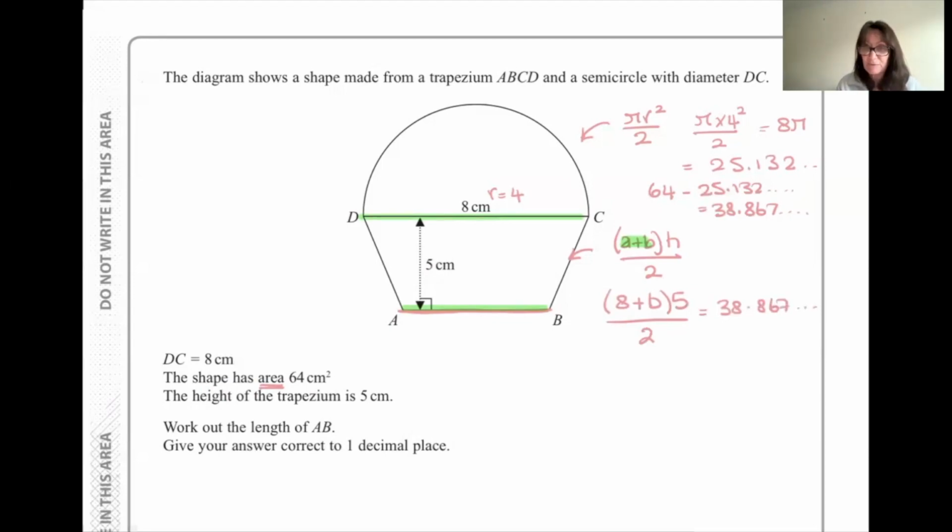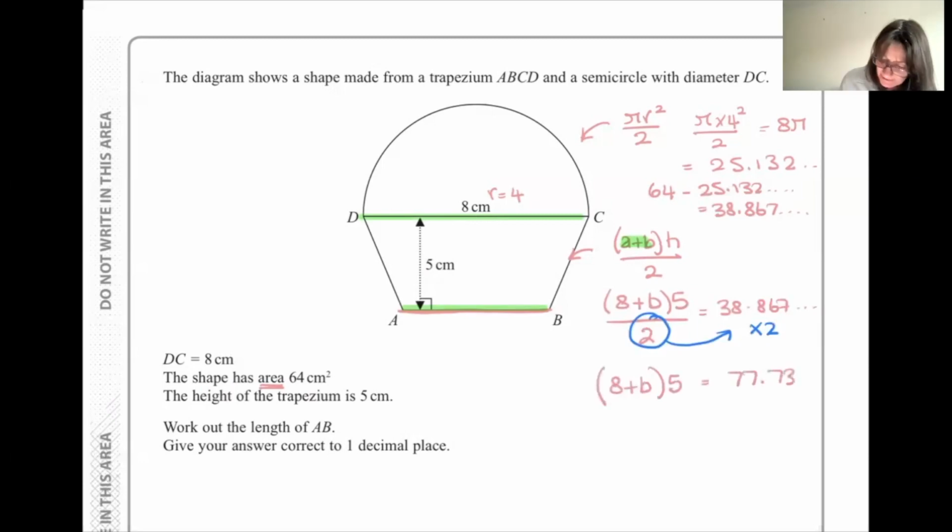Now it's just a case of rearranging, doing this really carefully. I'm going to move the divide by 2 across. It will land as times by 2. This is going to give me 8 plus B times by 5, which is 77.734, and on it goes. I can now move my times on this side.